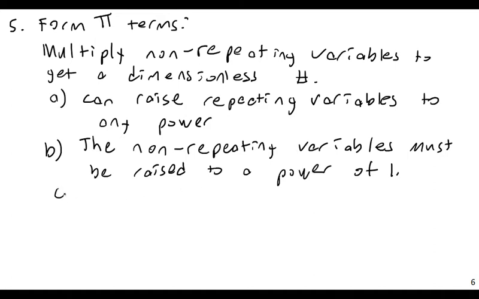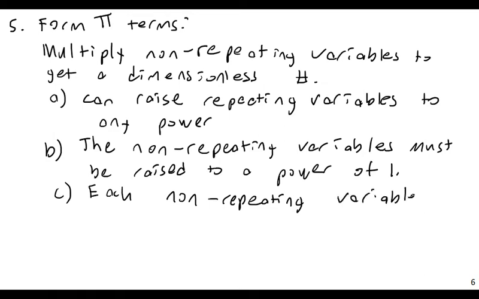And of course, by definition, because they are non-repeating variables, each non-repeating variable will appear in only one pi term. That's the definition of a non-repeating variable. Each non-repeating variable will appear in only one pi term.